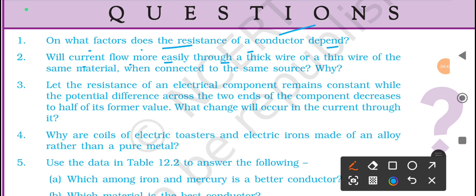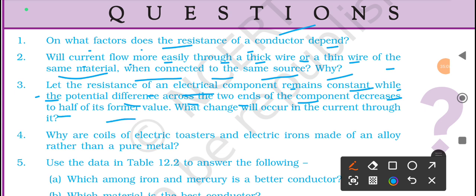Questions. On what factors does the resistance of a conductor depend? Will current flow more easily through a thick wire or a thin wire of the same material when connected to the same source? Why? Let the resistance of an electrical component remain constant while the potential difference across the two ends of the component decreases to half of its former value.